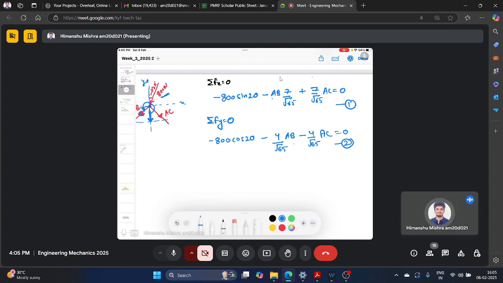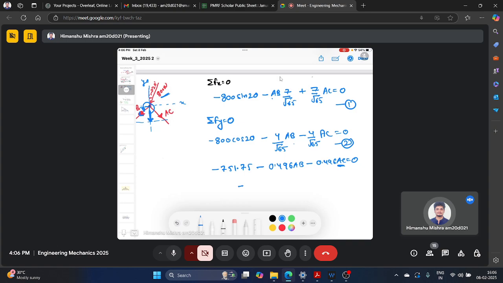So the second equation will be minus 751.75 minus 0.496 AB minus 0.496 AC equals 0. I can write this equation in terms of AC or AB, it's your choice. So let me write this equation in terms of AC.